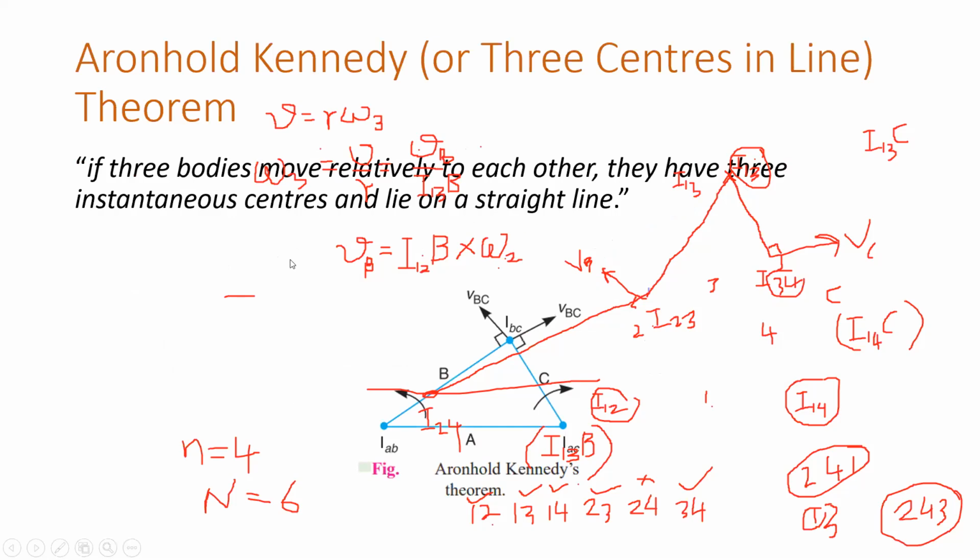Okay, so in a mechanism, every link has relative motion with every other link. So we can select a combination of any three links. Here, as we have to locate the ICR 2, 4, in the combination 2 and 4 is common.